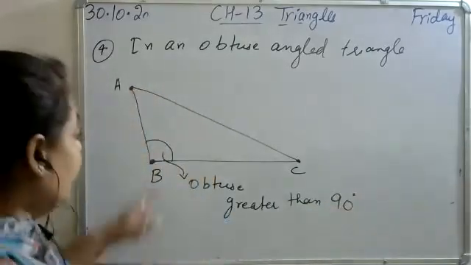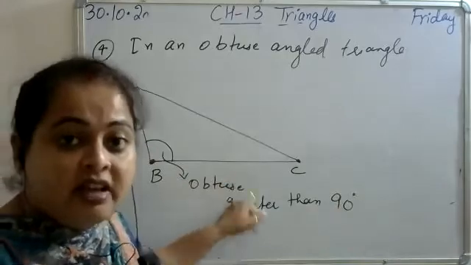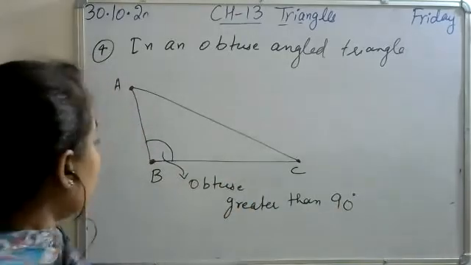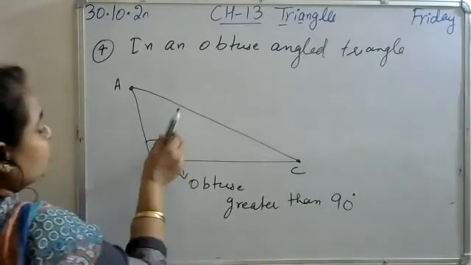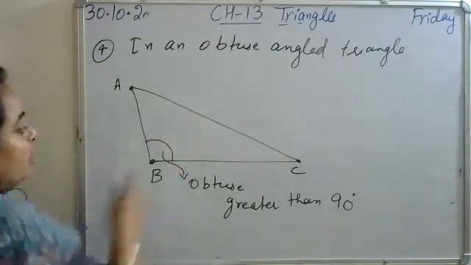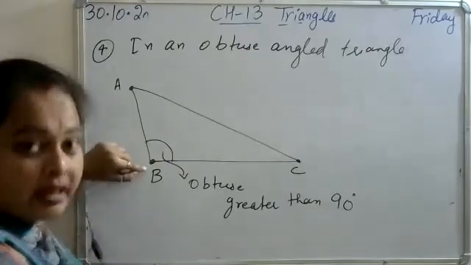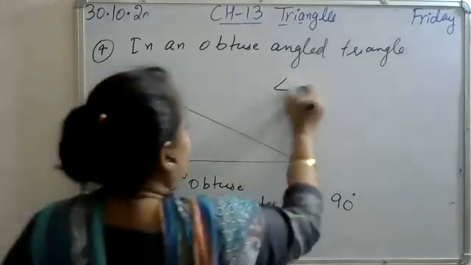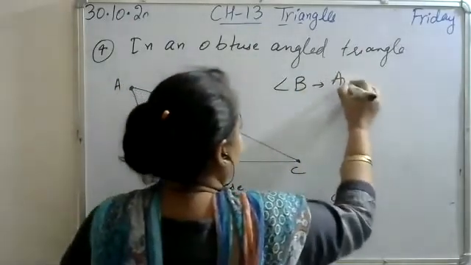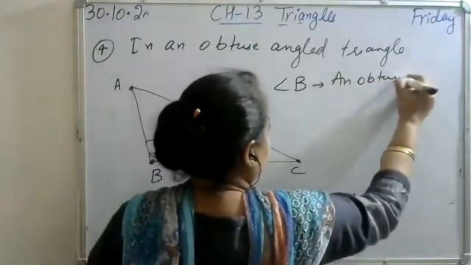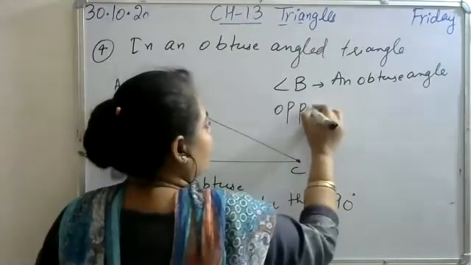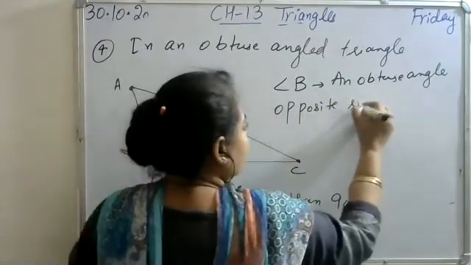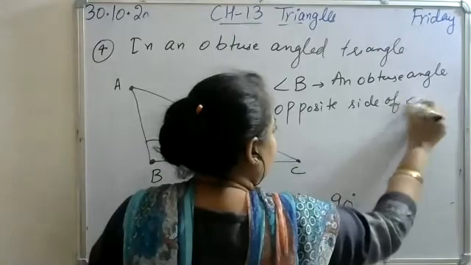In an obtuse angled triangle, the side which is opposite to this angle is bigger. So here angle B is an obtuse angle. Now tell me the opposite side of angle B.